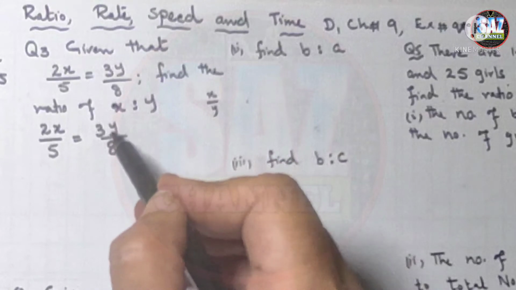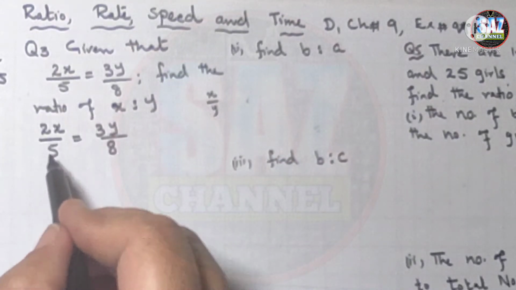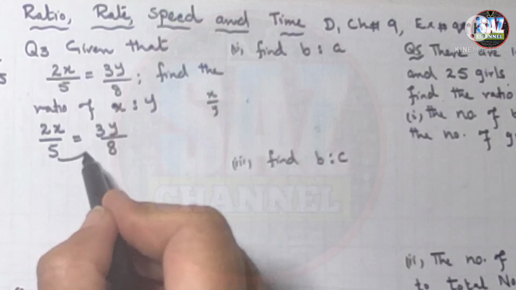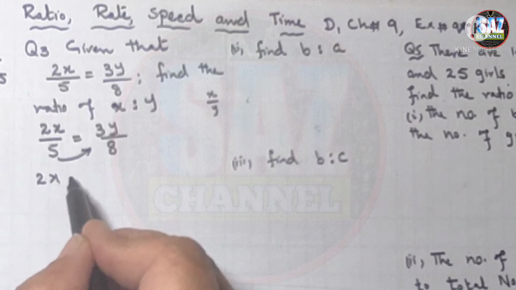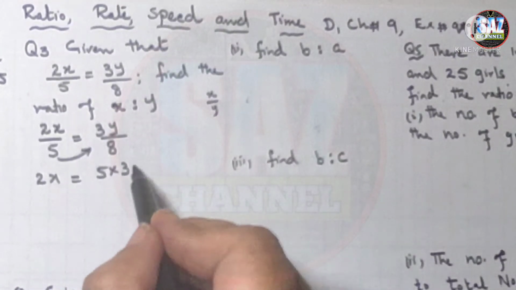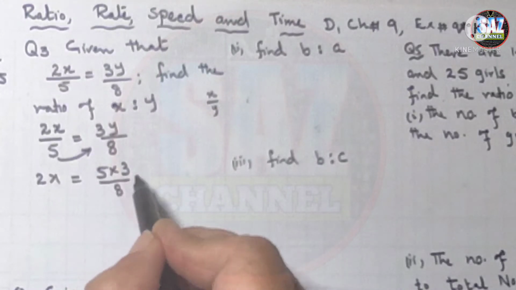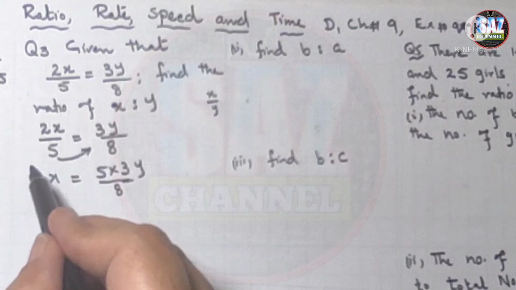It means that y has to be in the denominator. So in the beginning this 5 is in the denominator, shift it to the other side. It will become 2x equals 5 times 3y upon 8. Now look here.